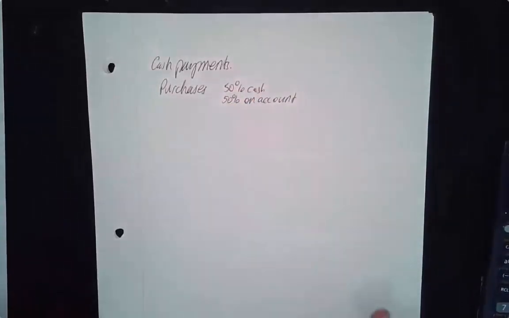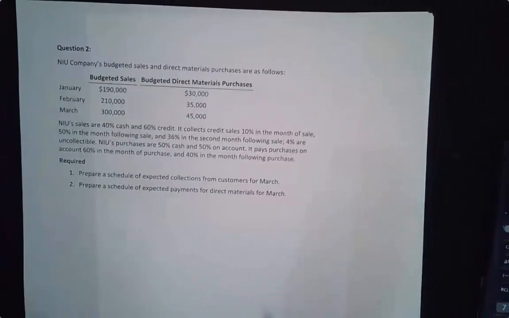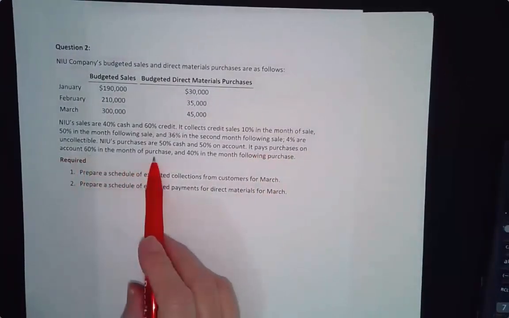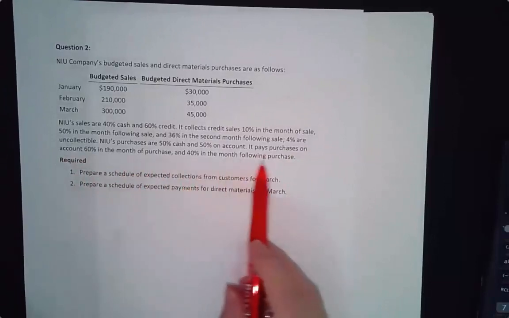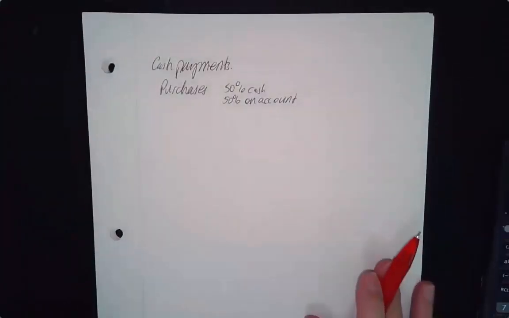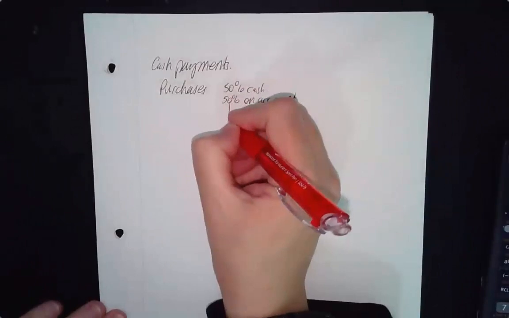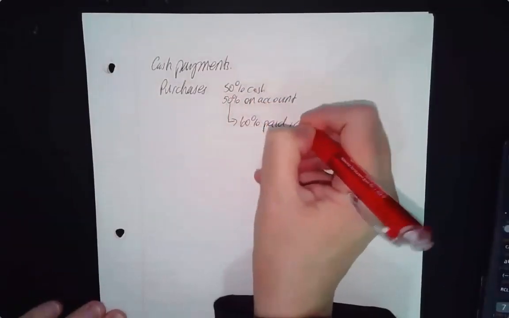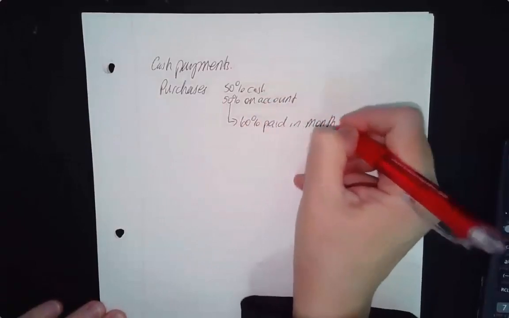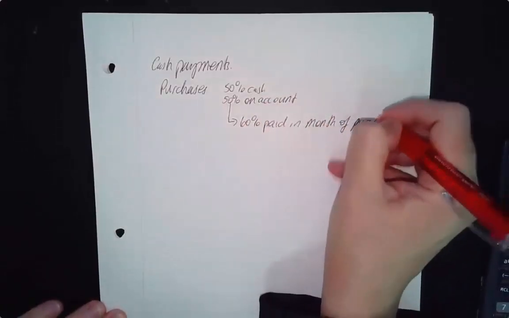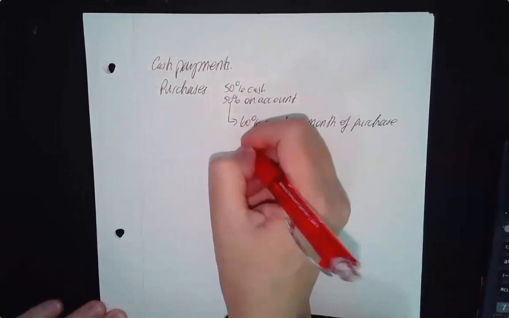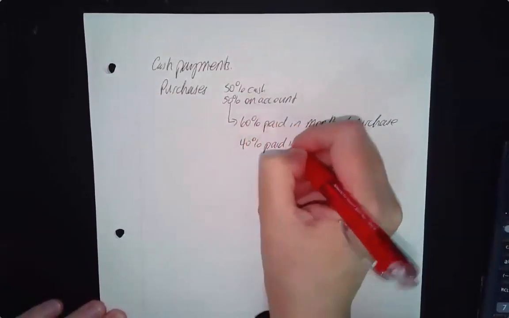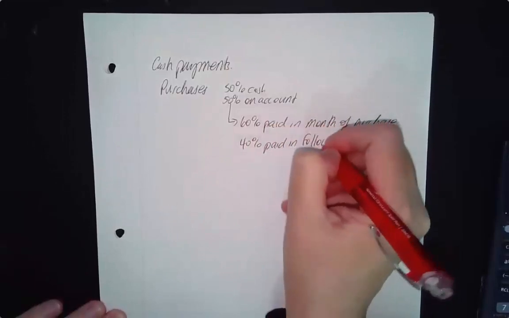Also called for credit. And then they say it pays purchases on account 60% in the month of purchase and 40% in the month following the purchase. 40% paid in following month.